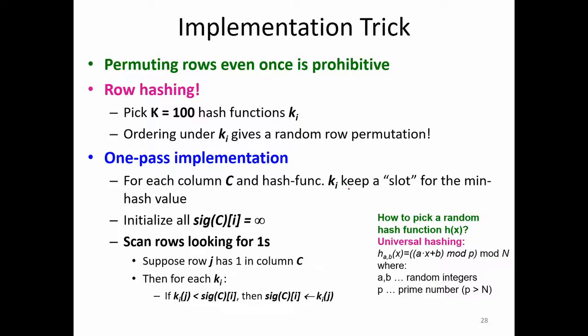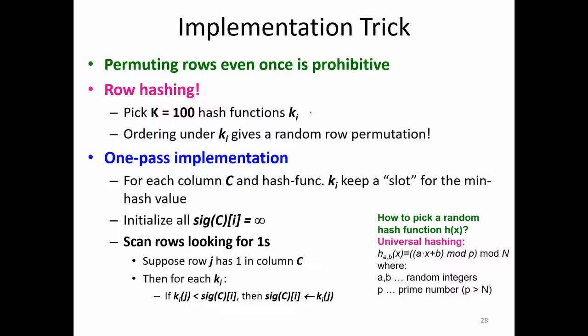The answer here is that you have to pick. First of all, you pick k random hash functions. The idea is that you generate the permutation using a random hash function.